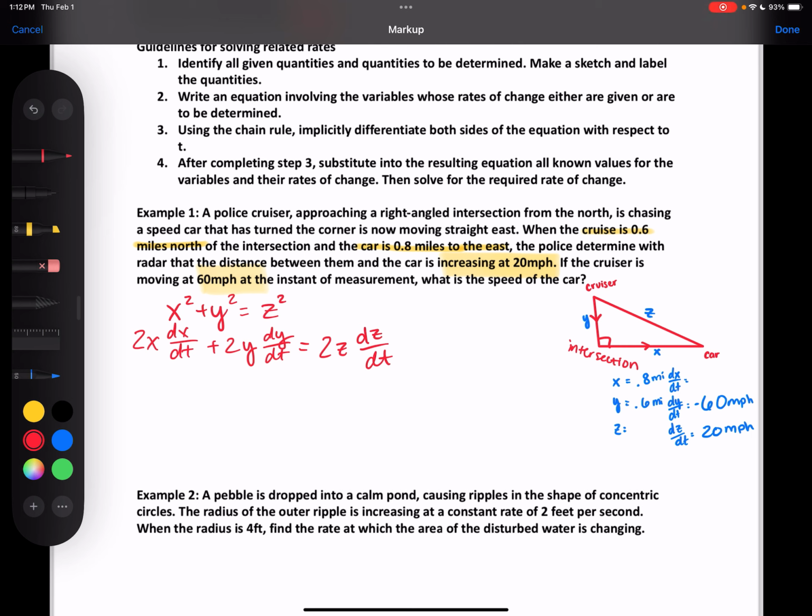What is the speed of the car? So, I want to get dx/dt by itself. So, what do I need to do? Subtract 2y dy/dt.